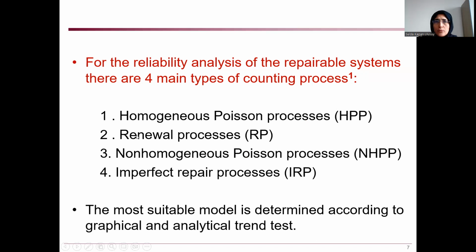Renewal processes and non-homogeneous Poisson processes are a special, let's say, generalization of the homogeneous Poisson process. So to decide which model is best, we have to apply trend tests to the data and then decide which model is the best one.